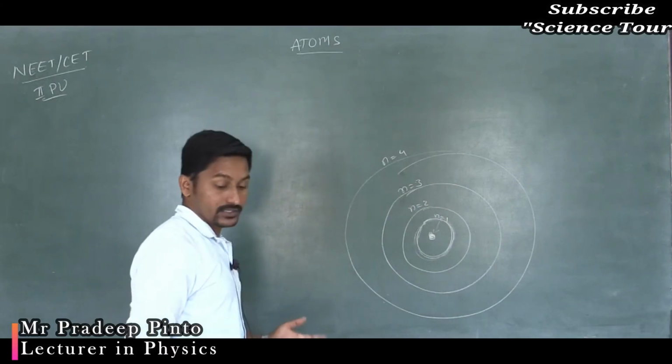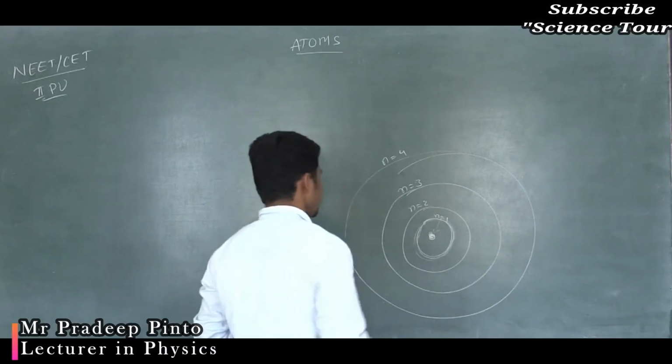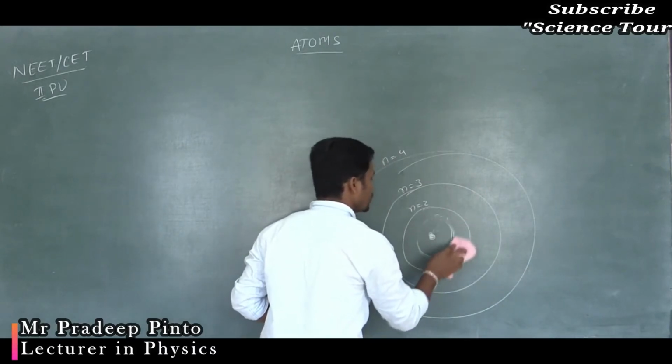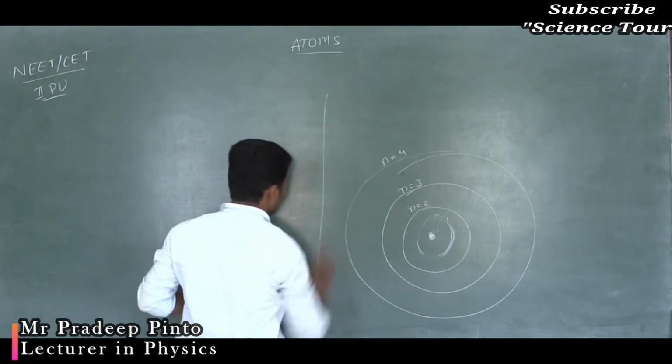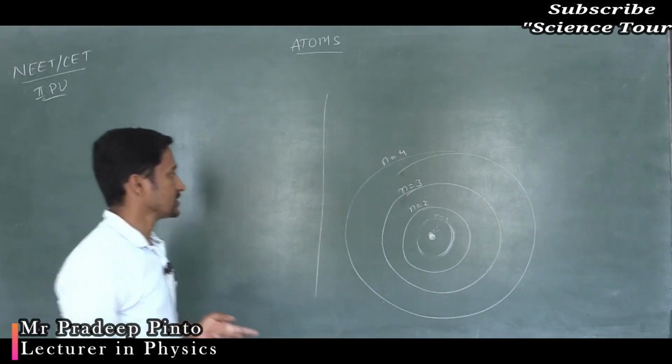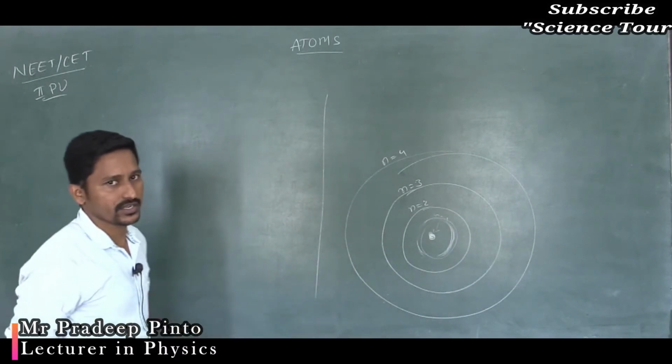For a bound system, the energy comes as negative. It has two energies: since it is revolving it has kinetic energy, and it also has electrostatic potential energy.